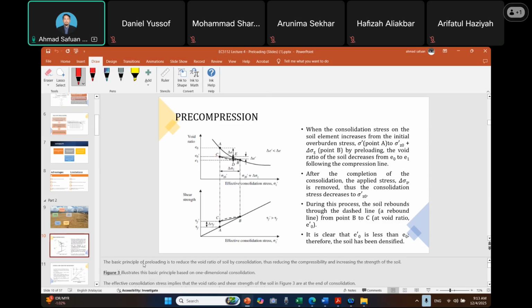The basic principle of preloading is to reduce the void ratio of the soil by consolidation, thus reducing the compressibility and increasing the strength of the soil. So the first graph shows the reduction of soil compressibility.